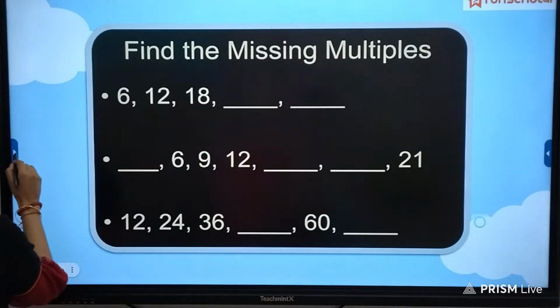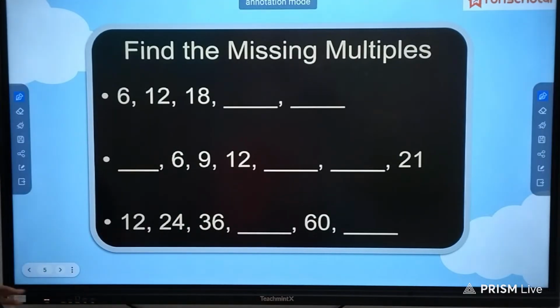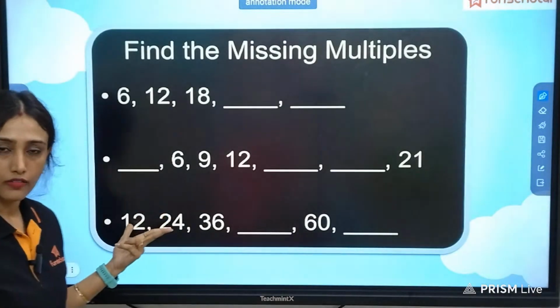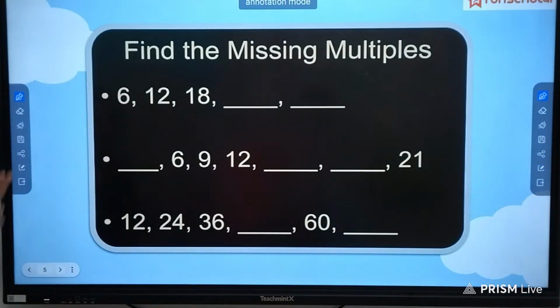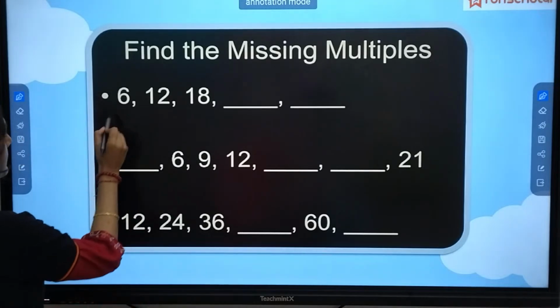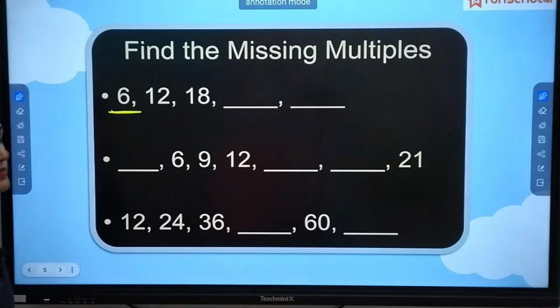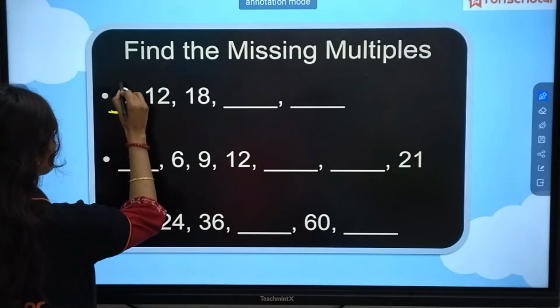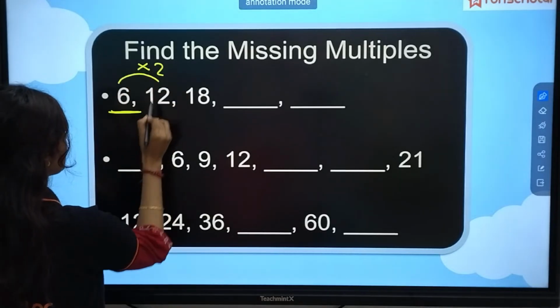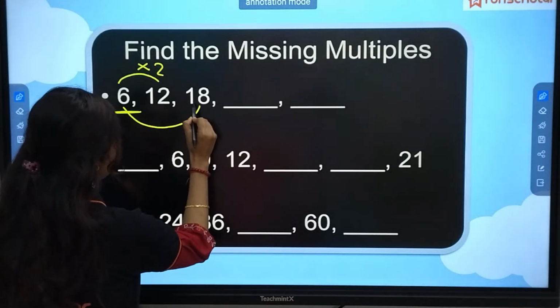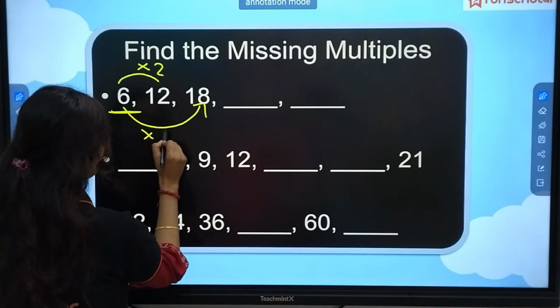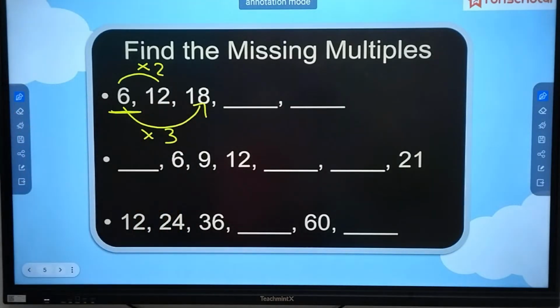Find the missing number. Just pause the video and try to solve this on your own. Then I am solving it for you. Just see what is happening over here. From 6, the number is starting. So if I do 6 into 2, then it is becoming 12. 6 into 3, then it is becoming 18.